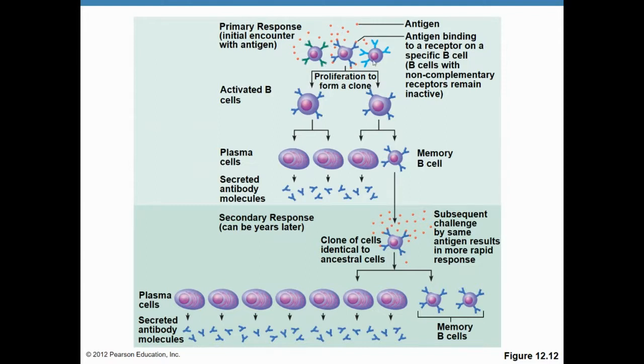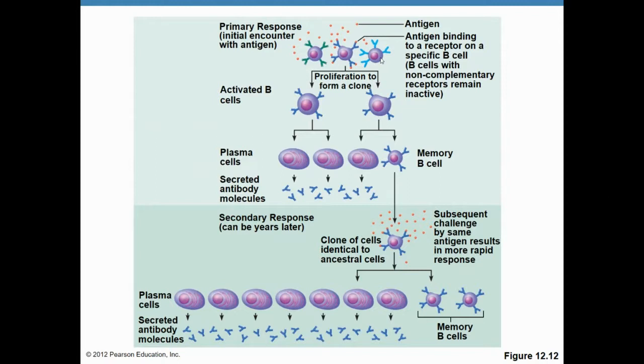So we have three different types of B cells. One B cell has green receptors, so it's a receptor for one type of antigen. One B cell has dark blue receptors. That's going to be a receptor for a different antigen. And one B cell has light blue receptors, and that's going to be a third different antigen. So we have hundreds of thousands of these circulating in our bodies, right?